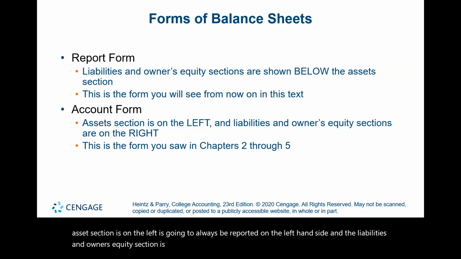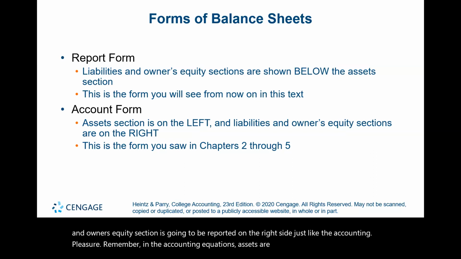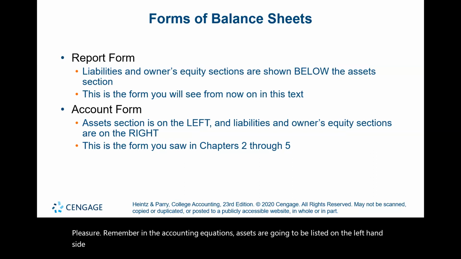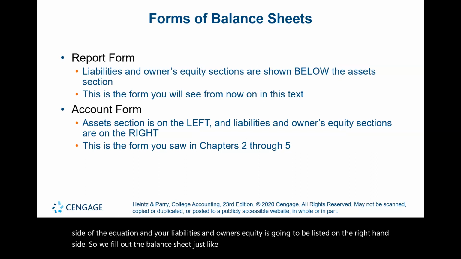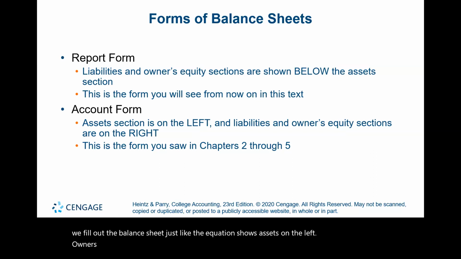Remember, in the accounting equation, assets are listed on the left-hand side of the equation, and liabilities and owner's equity are listed on the right-hand side. So we fill out the balance sheet just like the equation shows: assets on the left, owner's equity and liabilities on the right.